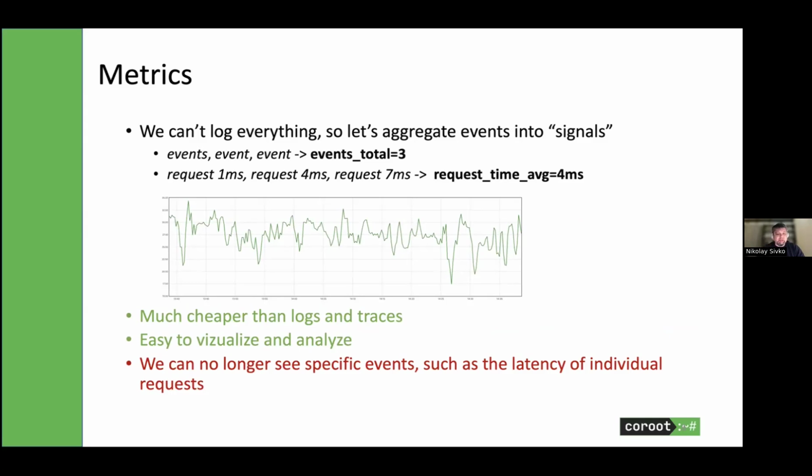Now it's pretty easy to understand what's happening with our application latency. Metrics are much cheaper than logs and easier to understand, but at the same time, by doing aggregation, we lose the ability to understand what happened with any particular request. We only have some signal or aggregation.